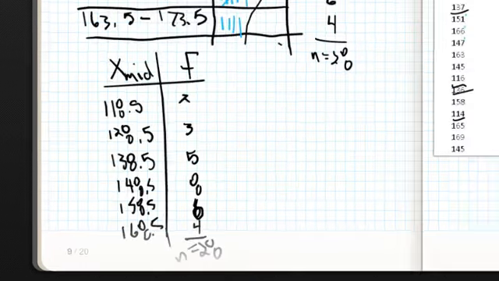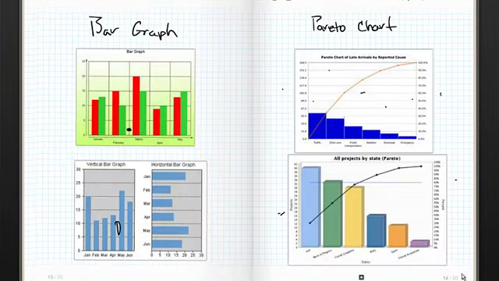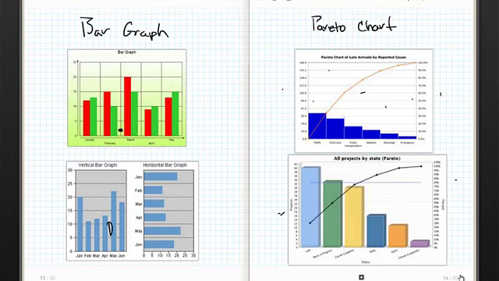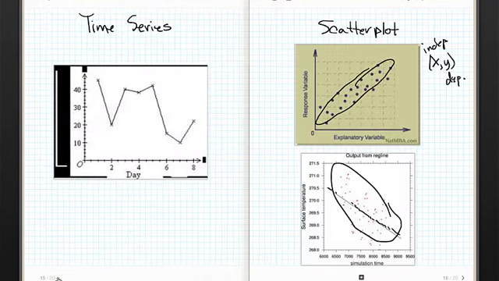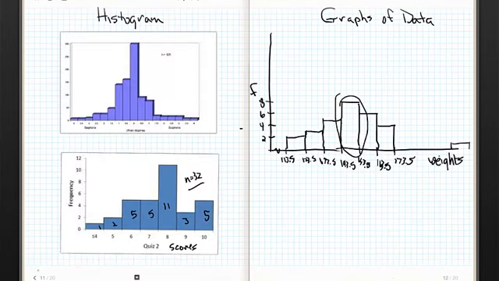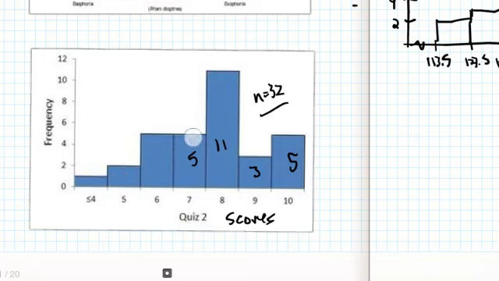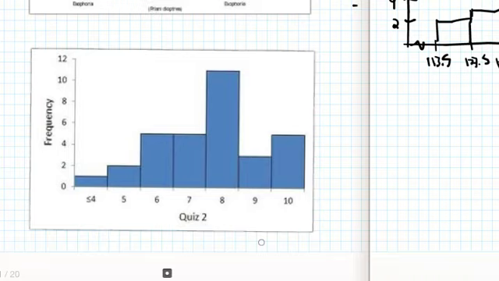So, whoops, I got crazy on that one, didn't I? Oh, you know what? Let's do it with the pretty histograms. All right, let's go ahead and erase this. All that a frequency polygon does is it takes the midpoint of each class and puts a dot at the midpoint.